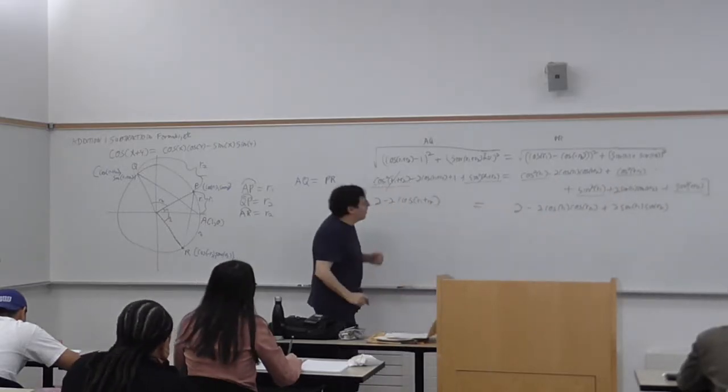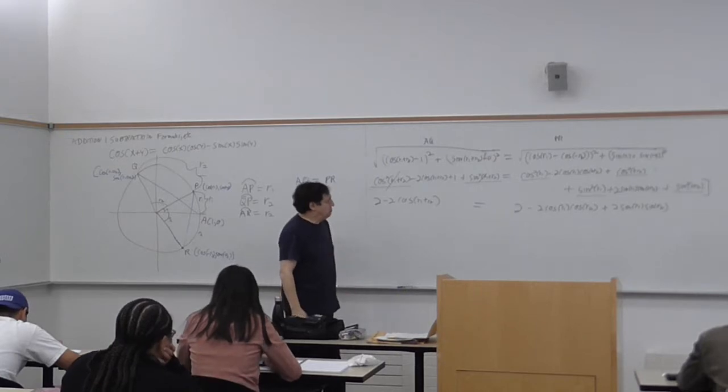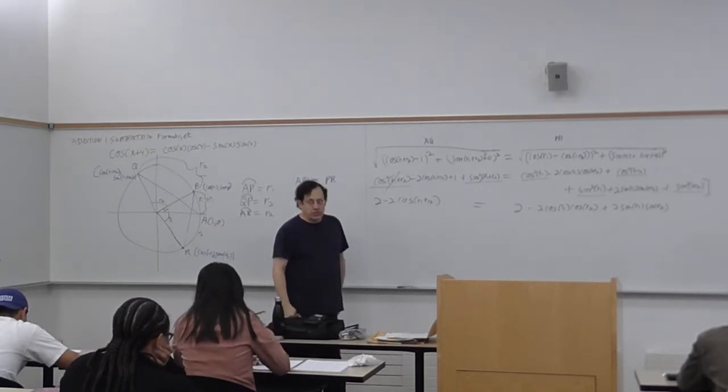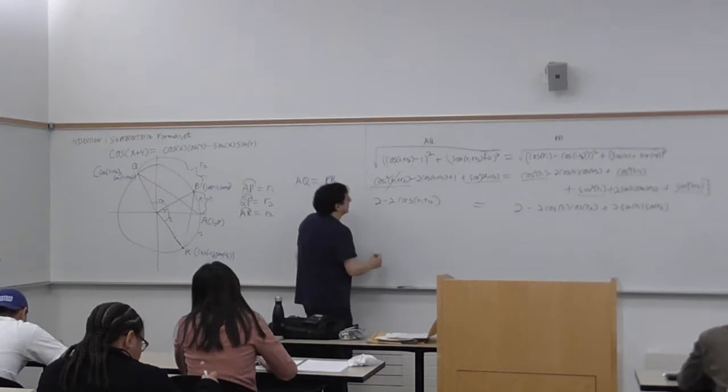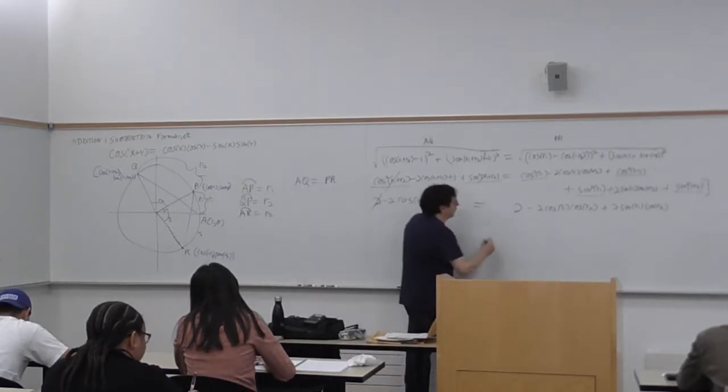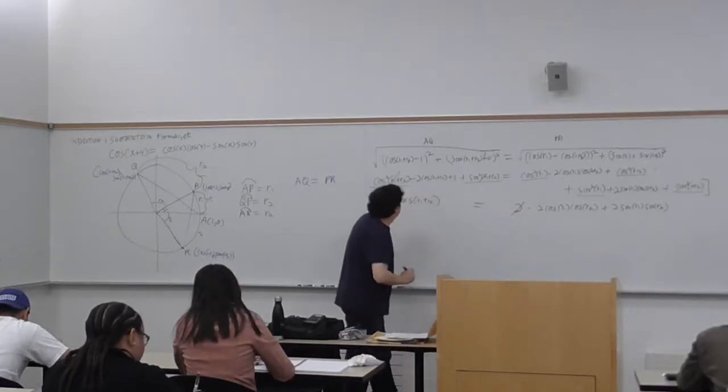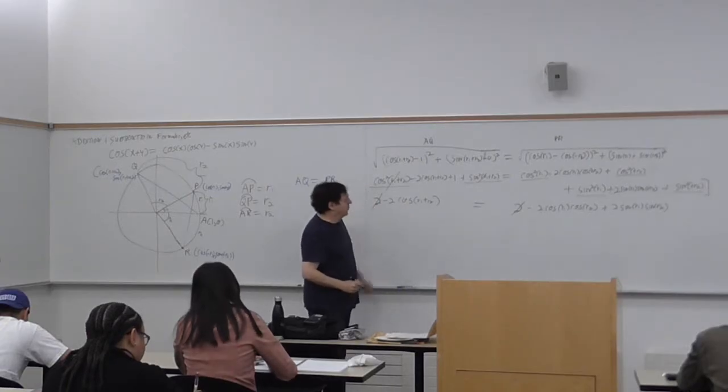These are equal. Starting to look good. You can eliminate the 2 on each side, right? And then let's divide by minus 2.